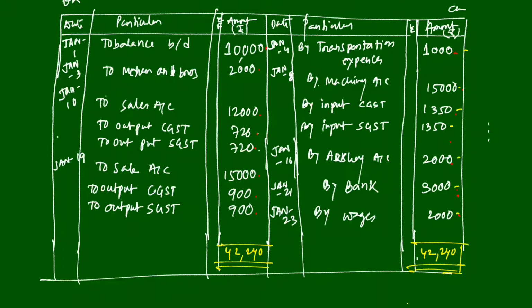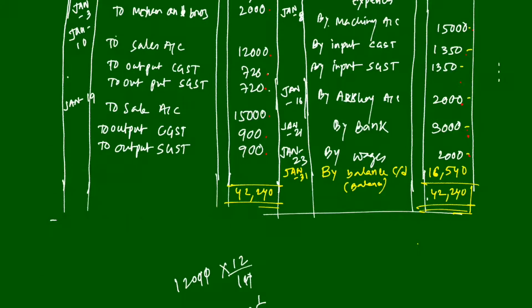Then you have to get January 31st. Remember the date, January 31st. You write by balance c/d. Remember, by balance c/d. What is the value? 16,540. Okay, 16,540 is the value.